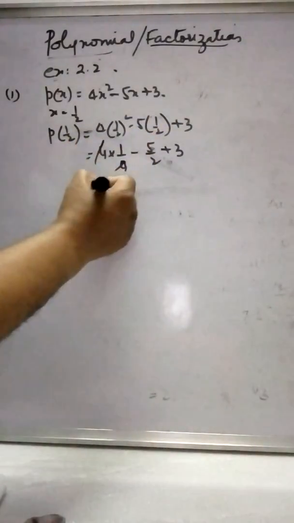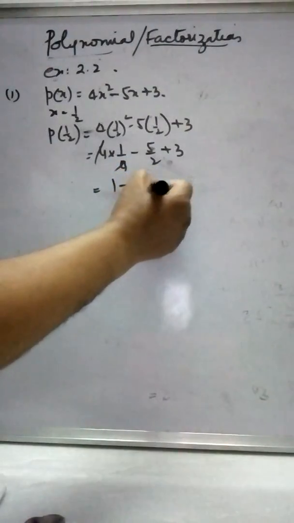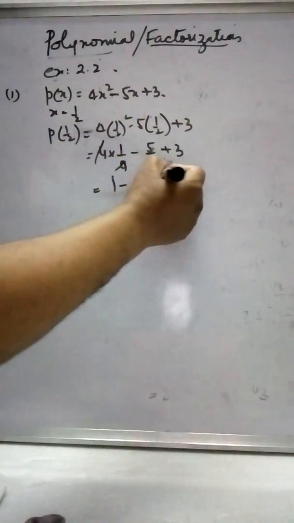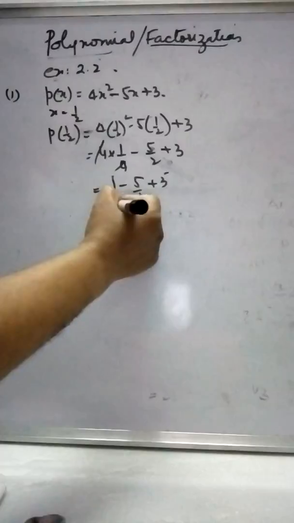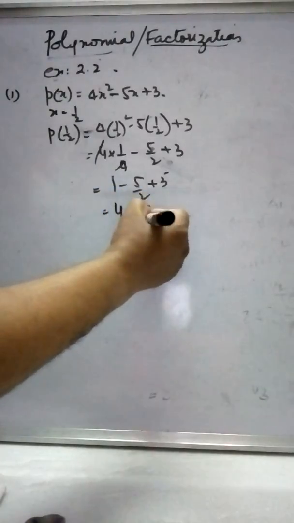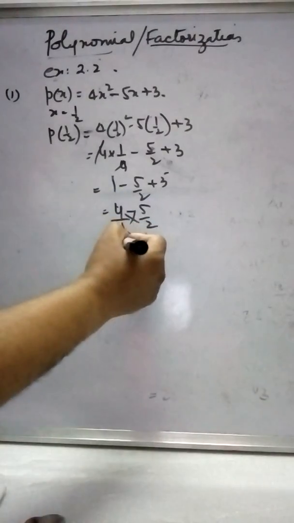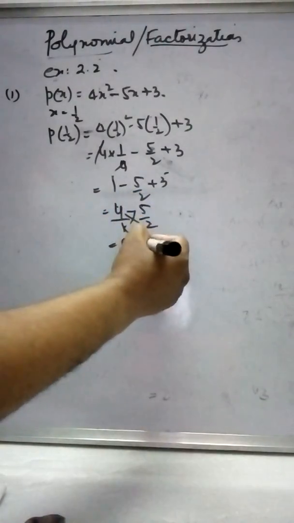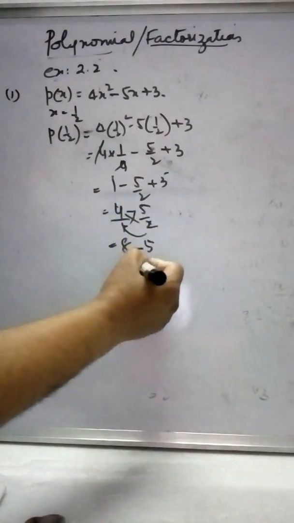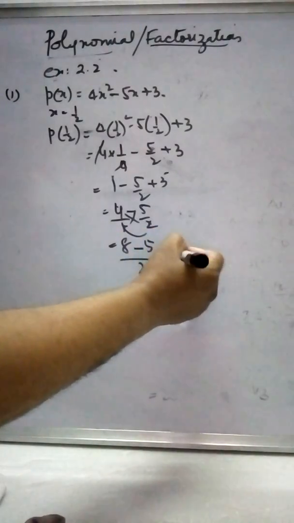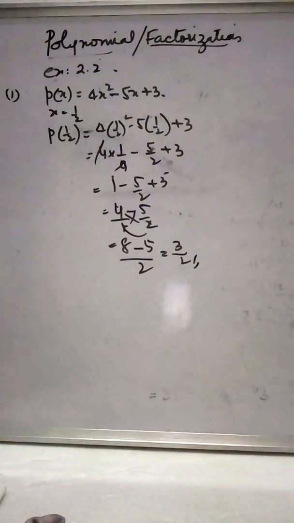So 4 1 times, so 1 minus 5 by 2 plus 3. 1 and 3 both are positive numbers. 1 plus 3 will give me 4 minus 5 by 2. So cross multiply and see the LCM. 2 4s are 8 minus 5 by 2. 8 minus 5 is 3 by 2. This is the answer.